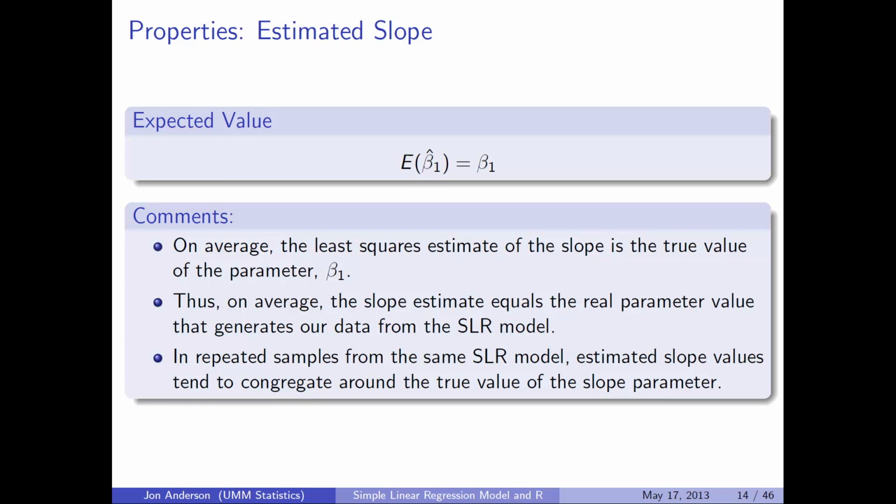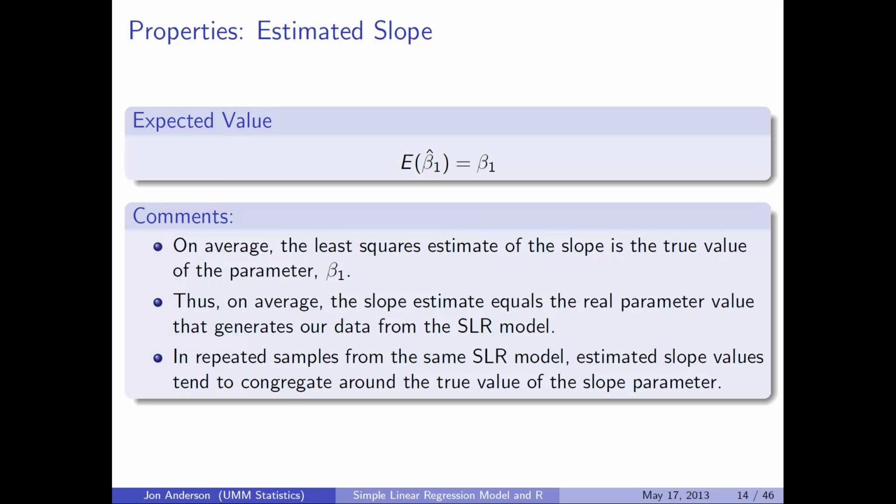And so let's talk about the slope estimate to start with. And what this slide tells us is that on average, when you make slope estimates from observed data using the formula I just showed you, SXY over SXX, what this result says is that on average, data estimates take on the real value of the data generating mechanism, the real slope, beta 1.